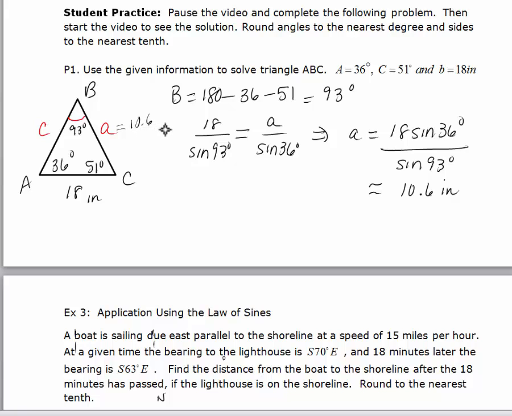So 10.6, and then to find C we would use the 18 over the sine of 93 degrees would equal C over the sine of 51. Again, after setting your cross products equal to each other and dividing, we get C is equal to 18 sine of 51 degrees divided by the sine of 93 degrees.